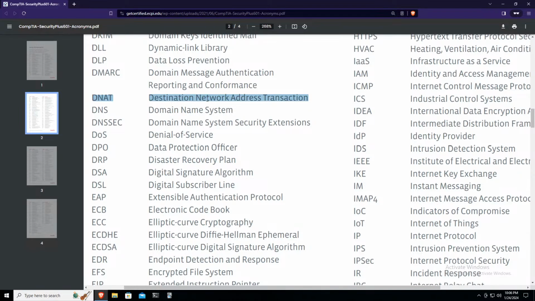DNS, domain name system. For some reason, I was going to say domain name server, but I think I've heard of DNS meaning that, but maybe I just had that backwards. But domain name system is the idea of where websites and IP addresses kind of connect.